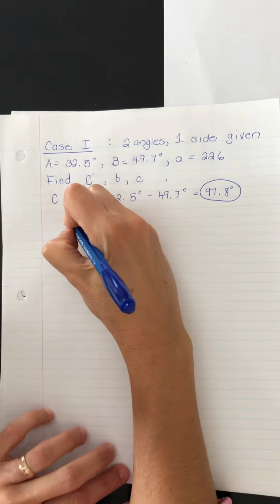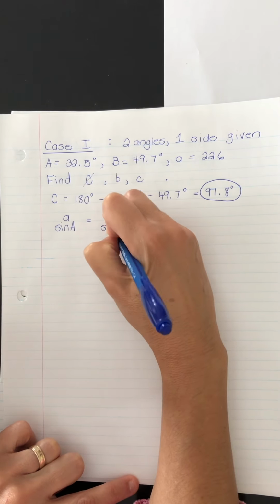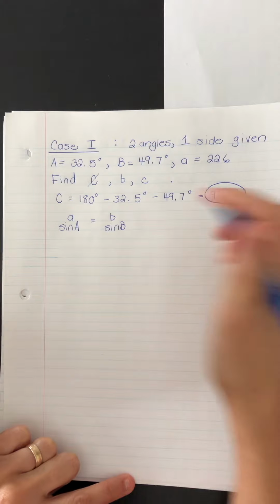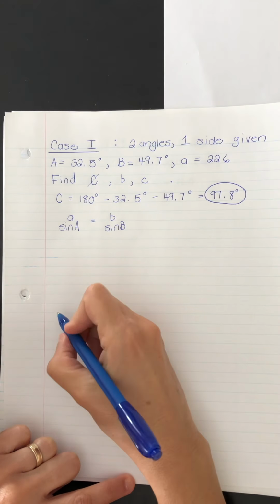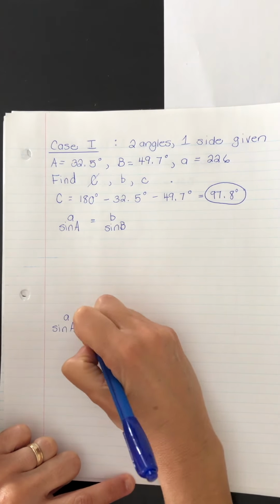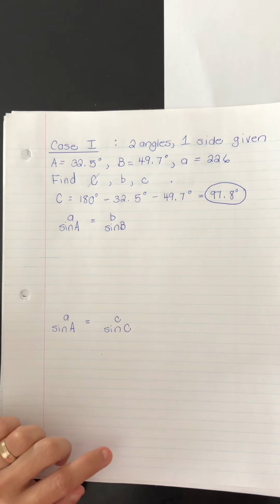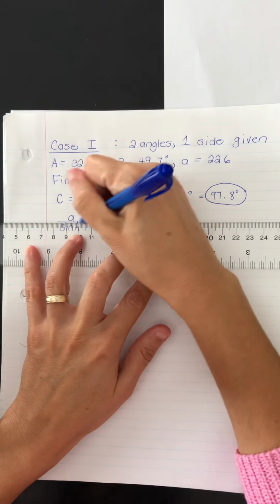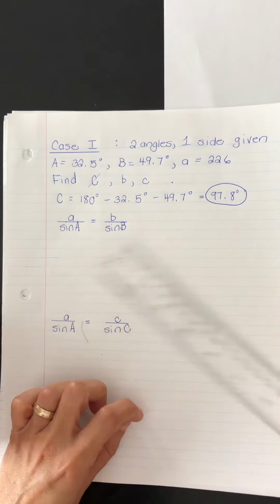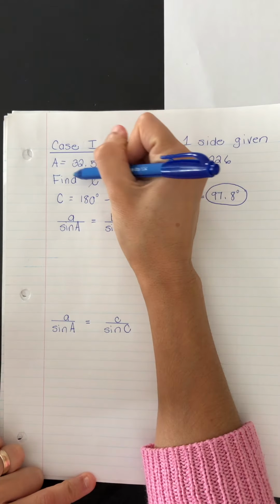We're going to have a over sine A equals b over sine B. And as soon as I'm done with that, I will also have a over sine A is equal to c over sine C. Okay, so we're using that one ratio twice. Okay, and again, that's because not only do we know side a, but we also know angle A.